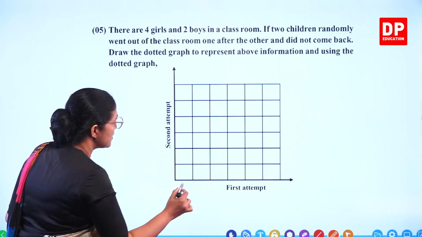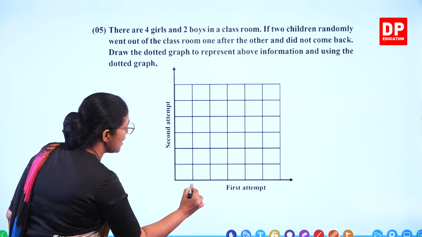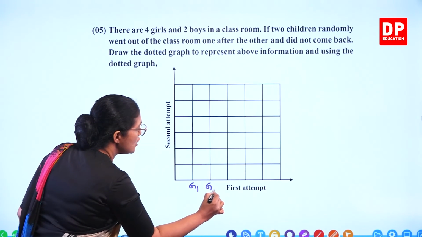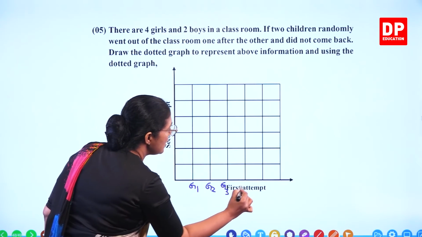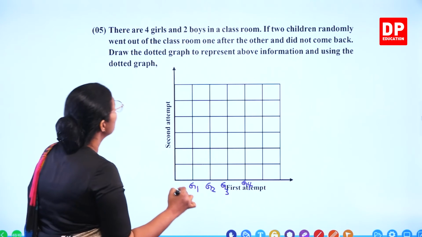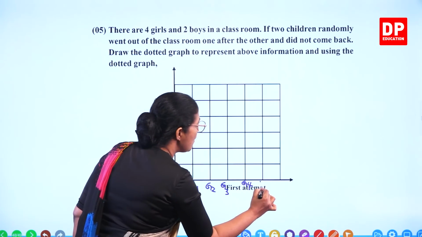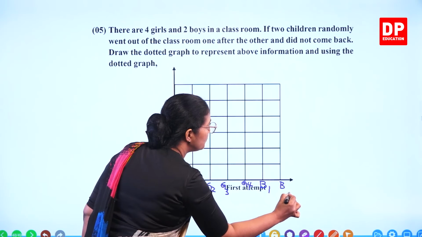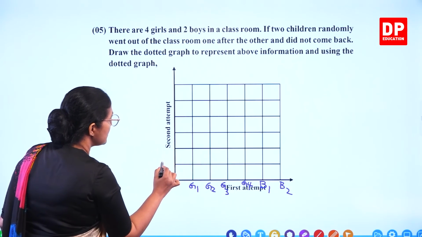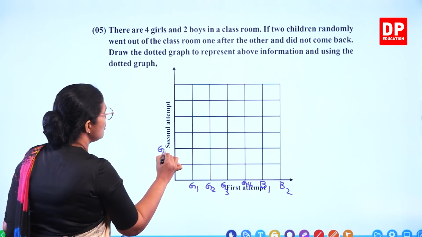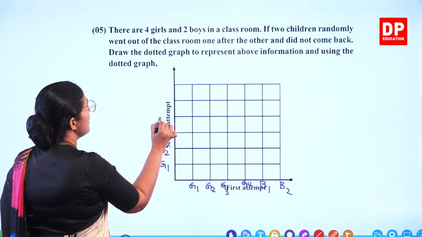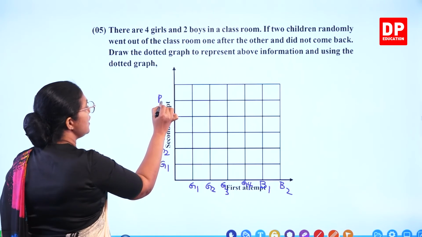So 4 girls. Let's take, this is the first attempt. G1, G2, G3, G4. Then 2 boys, B1 and B2. So let's do the same thing. G1, G2, G3, B1, B2.